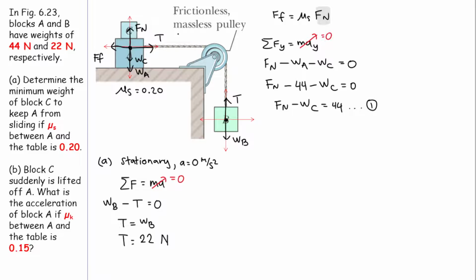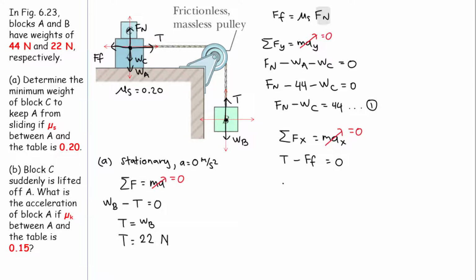Okay, now let's do the x coordinates here. So I will have sigma F on the x coordinate equal to the mass times acceleration in the x coordinates. And this ax is equal to 0 because they are stationary. And so we will have T here as the positive force, and then minus Ff, and that will equal 0.